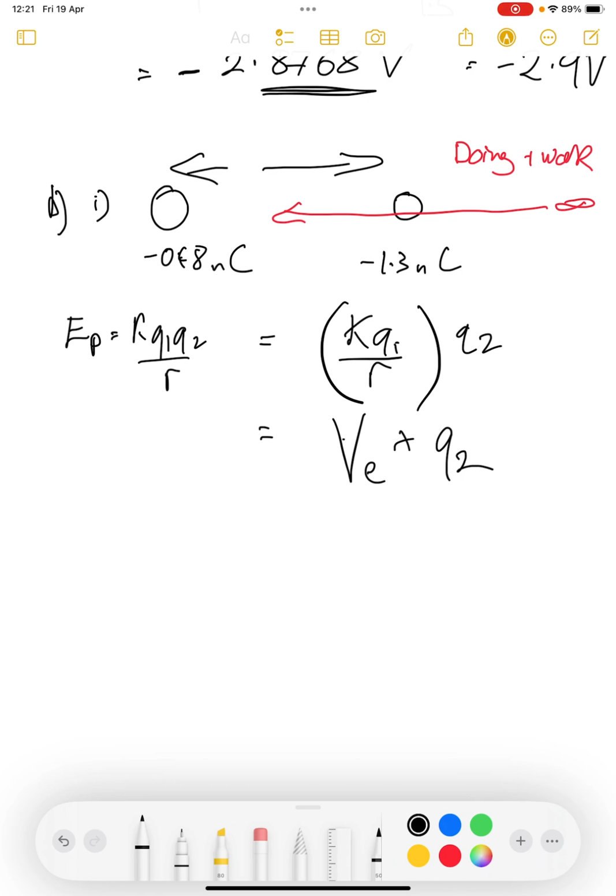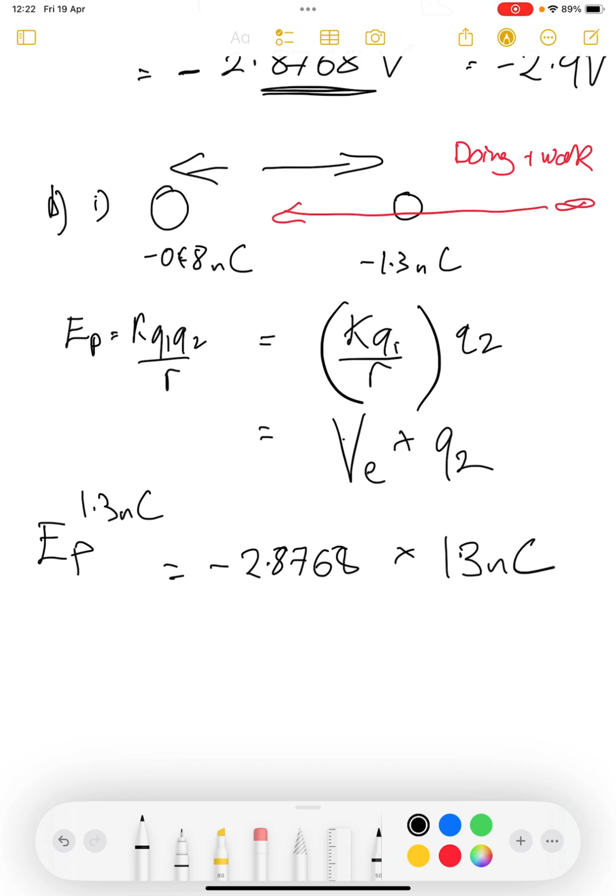So what I can say is that my electric potential energy, in the case where I'm looking at 1.3 nanocoulombs, is equal to my minus 2.8768 times my minus 1.3 nanocoulombs.